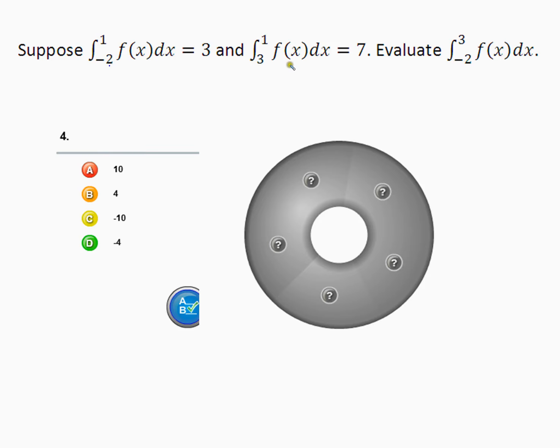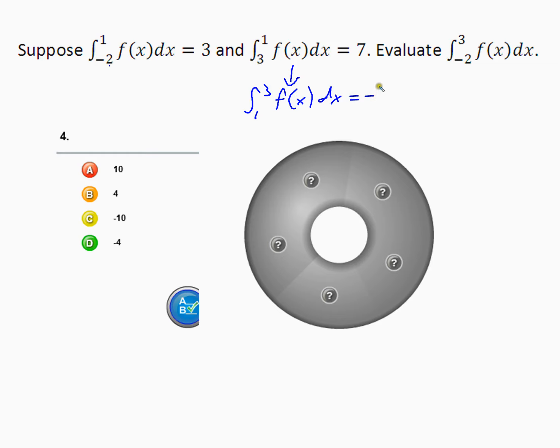So what we're going to do is we're going to rewrite this one, and we want the integral of 1 to 3, because we normally want the smaller, the left side of the integral on the bottom. And so we can know from our one property, this was from pretty close to the beginning of our different properties. If we switch these numbers here, you're going to get the negative of this.